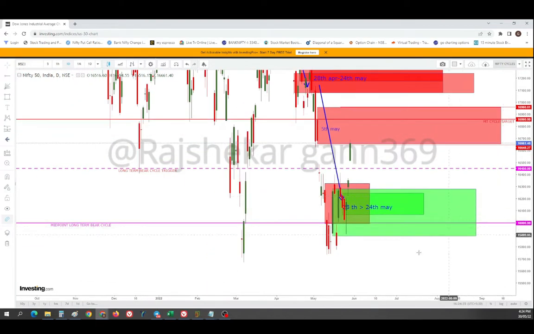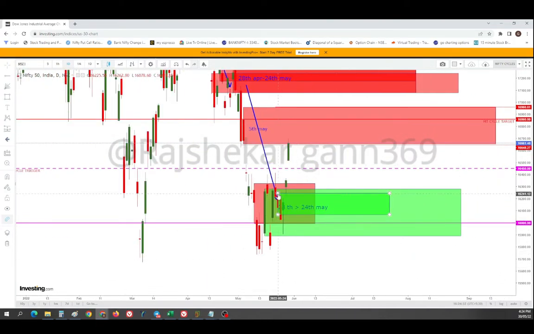Now in the Nifty case, the 24th high didn't break, immediately the 24th low was taken and there was a sell-off. This sell-off went and hit a previous date in the previous time cycle, which was 17th, and from the 17th low it took support and broke the 24th high, and we saw this breakout.